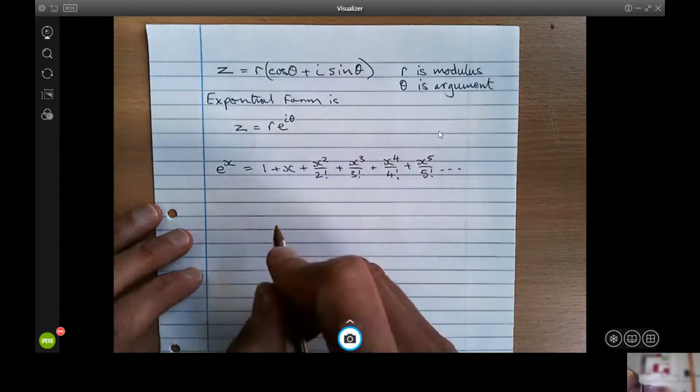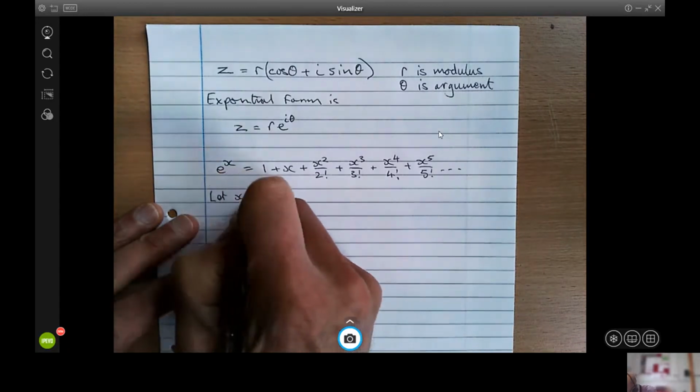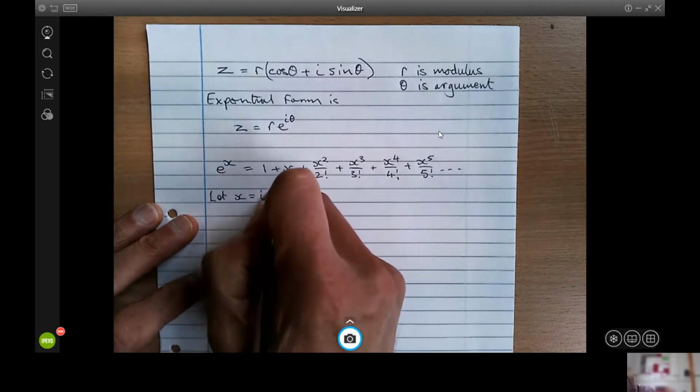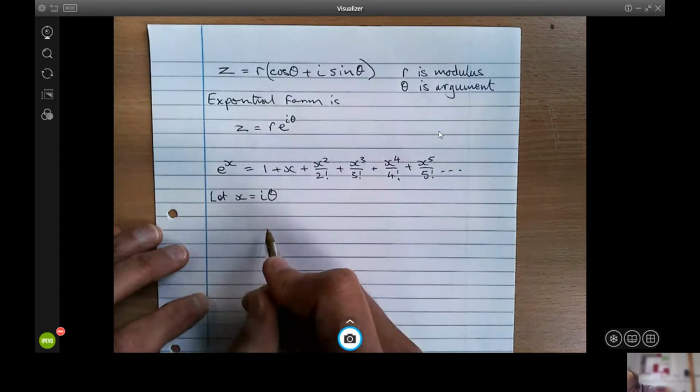What we're going to do is say let x equal i times theta, so i times the argument of our complex number.